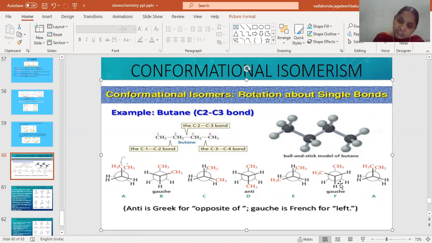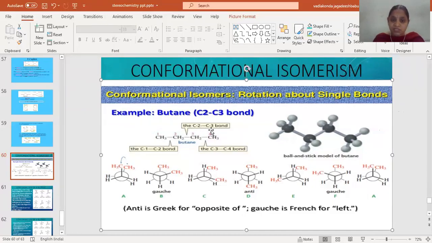Again, one more 60 degrees, and we will get back our first structure, that is A. So up to 360 degrees we can rotate, so that we will get 6 isomers, which are formed by the rotation of the carbon-carbon single bond, that is the C2-C3 bond.